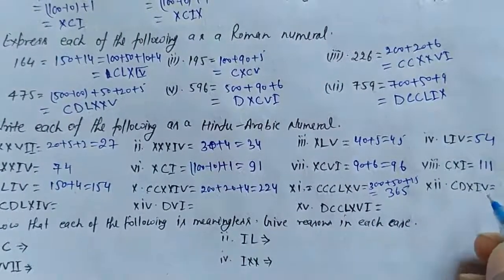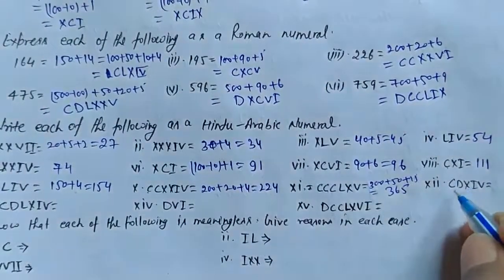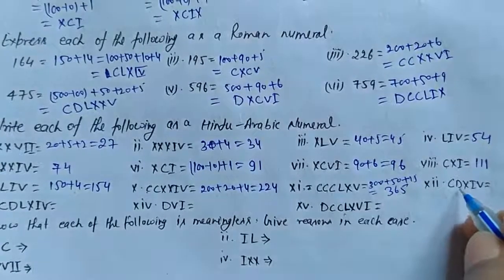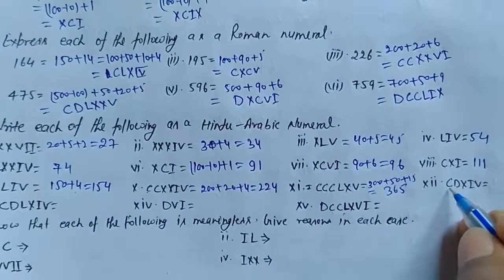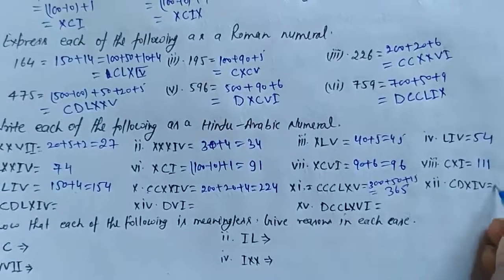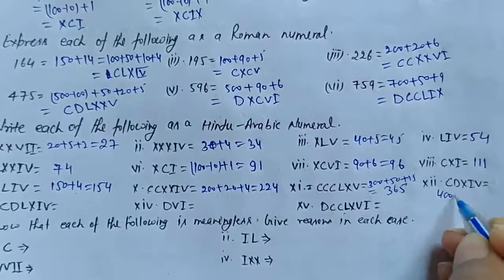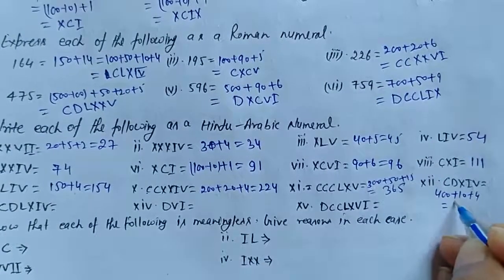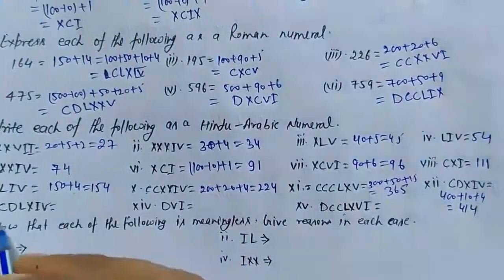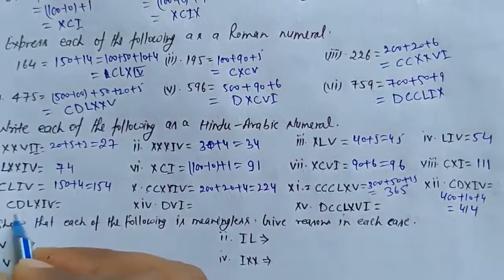Next is CDXIV. IV is 4, X is 10, C is 100 and D is 500. That means 500 minus 100, 400. 410 plus 4, that is 414. CDLXIV.